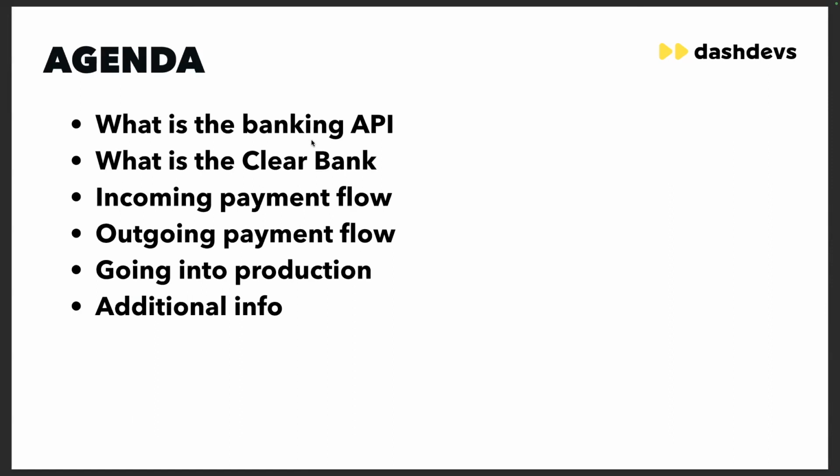Also, what the outgoing payment flow is, how it affects your platform, what the usual steps are for going into production with ClearBank, and additional information. In the end, you will have a possibility to ask questions, and there will also be QR codes that give you the ability to schedule a meeting with me or write your questions. So let's dive deep.